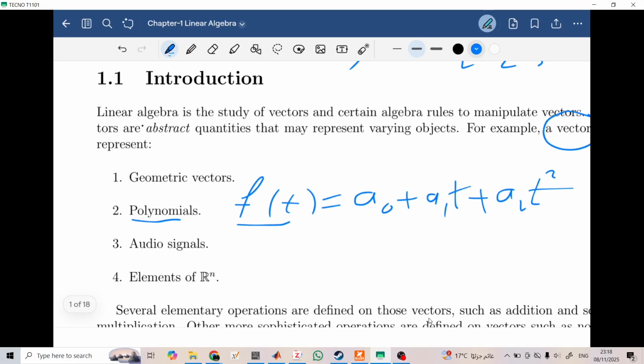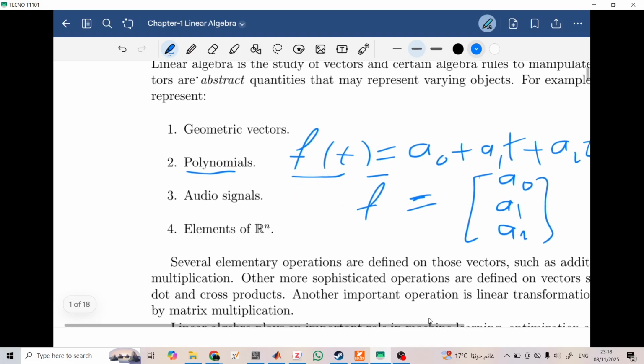So let's say that we have this vector of the polynomial, and it's a0, a1 and a2. This vector in this form represents a polynomial in the polynomial space. We will learn about spaces in this chapter as well. You might think that this vector is a three-dimensional vector, but in our case it is a polynomial vector.